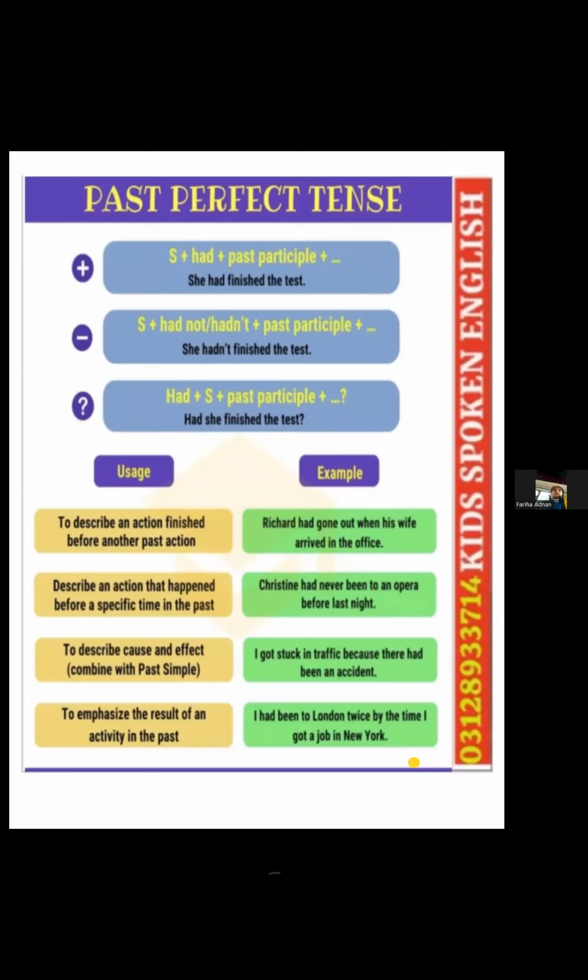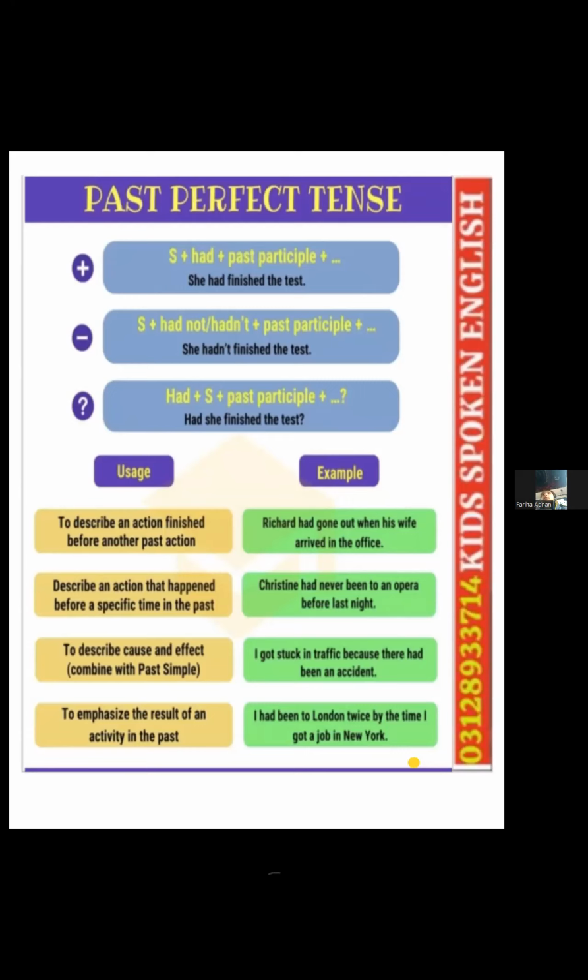Make a sentence. Yesterday she had went to the hospital. If you are saying yesterday, then with yesterday you have to say went to the hospital, okay? But you have to use the past perfect tense, so you have to use had, okay?